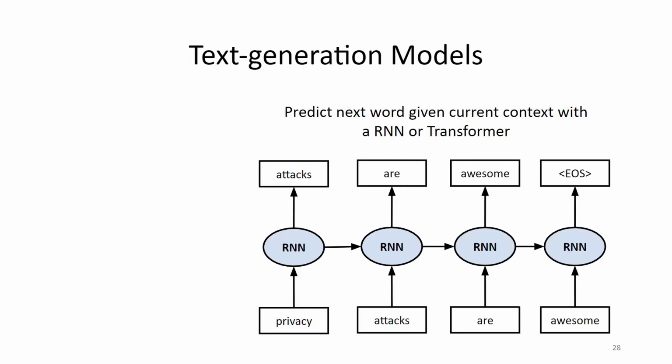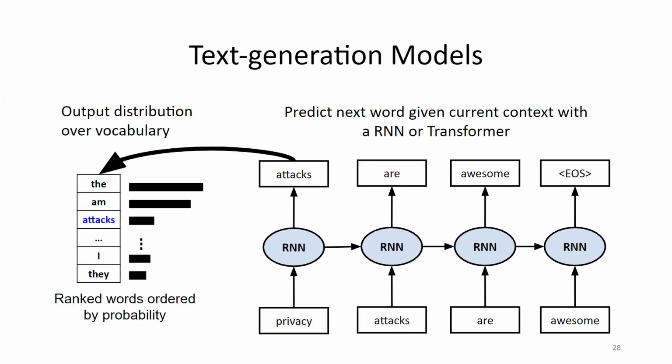And in each step of these predictions, the model will output a distribution over the entire vocabulary. That is, the model will assign a probability score to each word in the vocabulary and then rank these words based on the probability values. In certain applications like keyboard prediction, the model will likely show users the top 3 or top 5 most likely words on your smartphones.